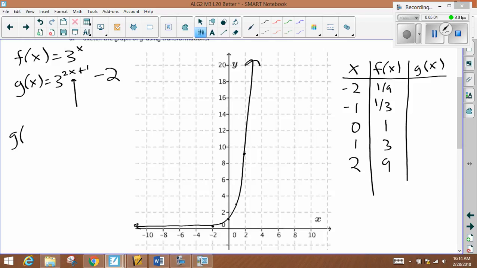So I'm looking at g of negative 2. 2 times negative 2 plus 1 minus 2. You could just put that in your calculator, right? And it will spit out an answer for you. That becomes 3 to the negative third power, right? Minus 2. And it might help to actually do that, right? This is 1/3, or sorry, 1/27 minus 2.